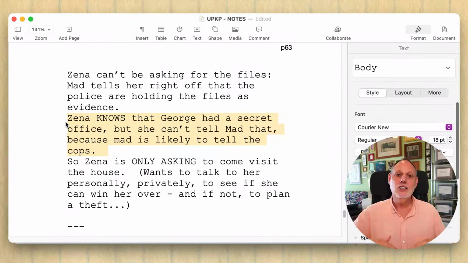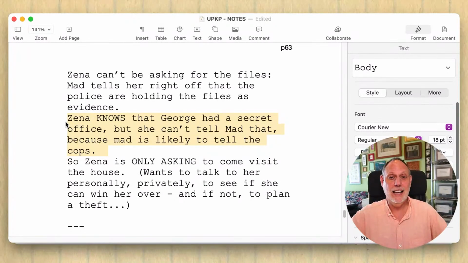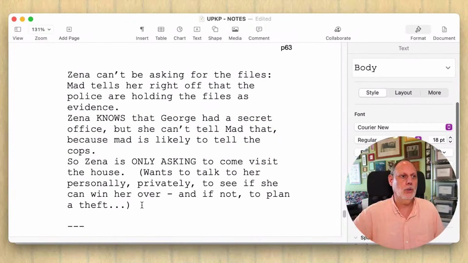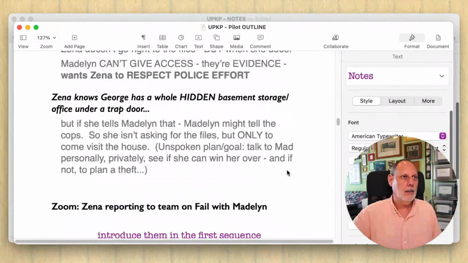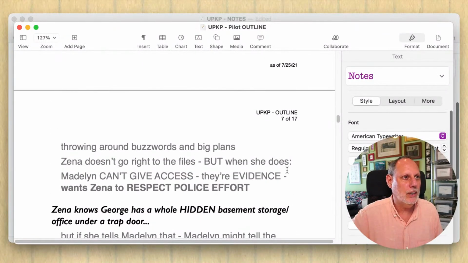So Xena, who's known George, knows about this, but the police and Madeline do not yet. So Xena wants to get into the house and get into that office. So that is what she's asking for. This little hunk of insight also goes into the outline. I think I may have already put this in. Yeah.